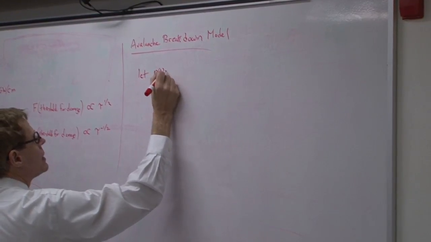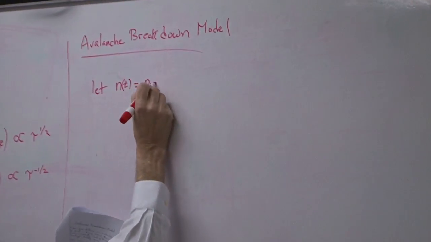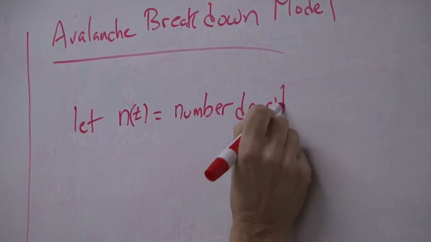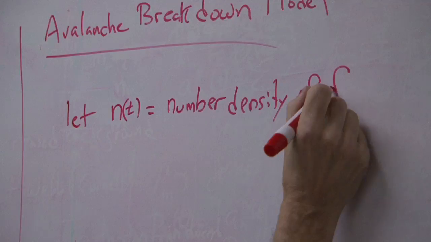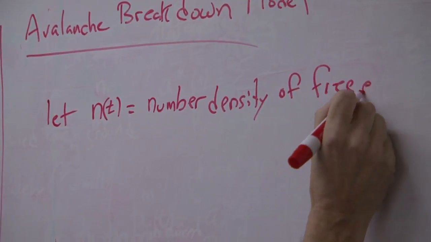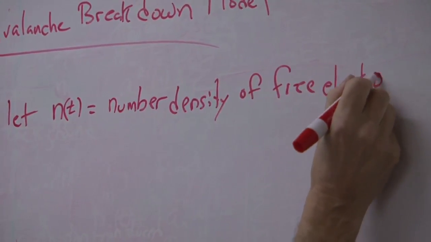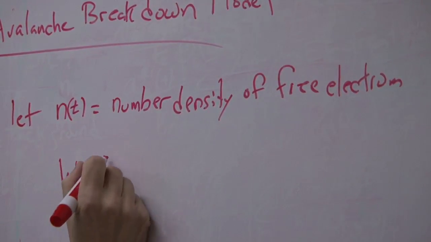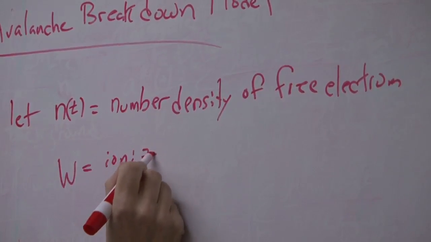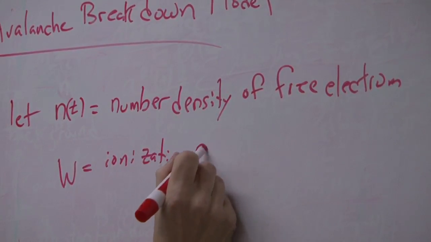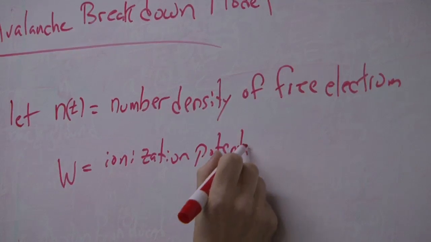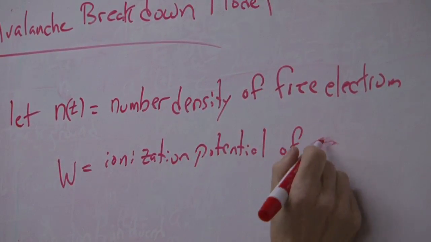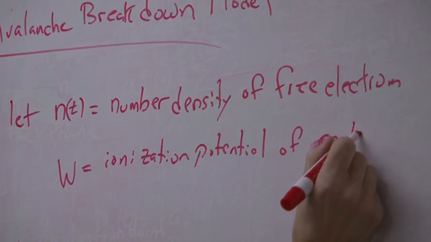Let's let n of t equal the number density of free electrons. Let's let W equal the ionization potential of the, well, let's call them molecules.